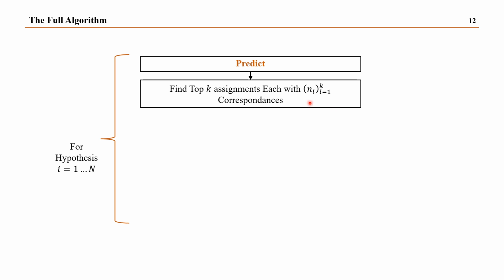Each assignment would have n_i correspondences, i from 1 to k. These can be found using, as we said, Murty's algorithm. It actually has a certain function in MATLAB called assignkbest. So it's quite available. You could just look it up. It's easy to use.